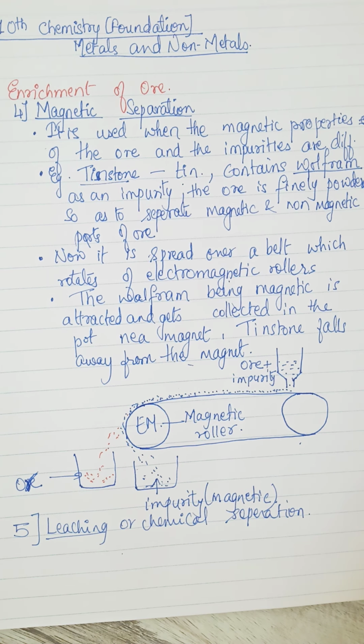For example, you can take bauxite ore, it contains Fe2O3, then SiO2, etc. as the impurities. So we can easily remove, and Fe2O3 is not soluble in sodium hydroxide.